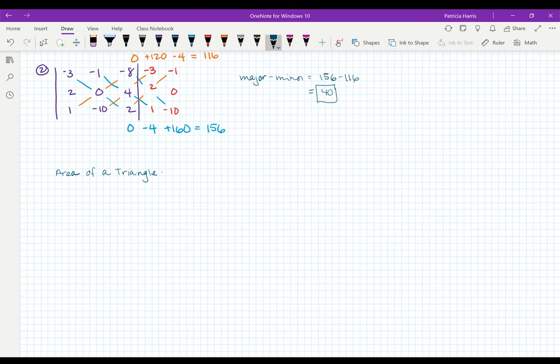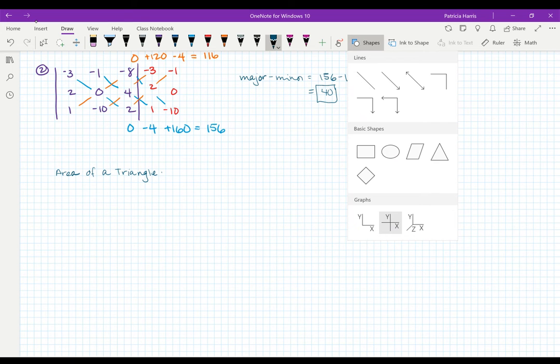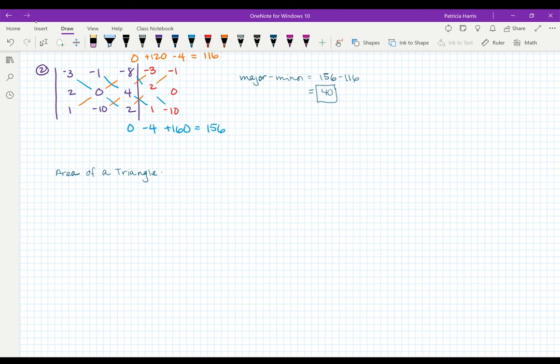Okay, so I am going to graph a triangle on an XY axis.